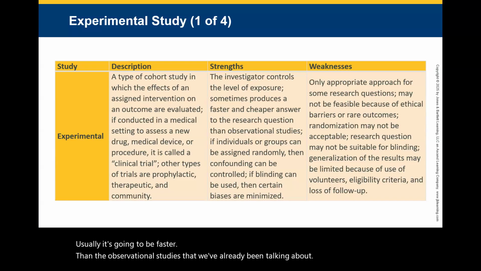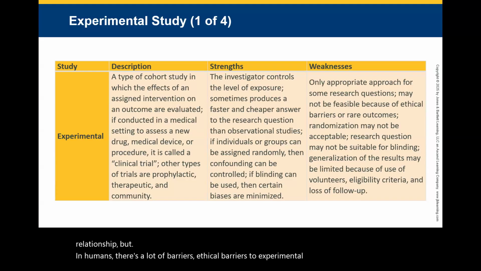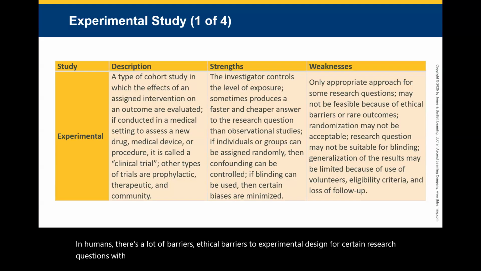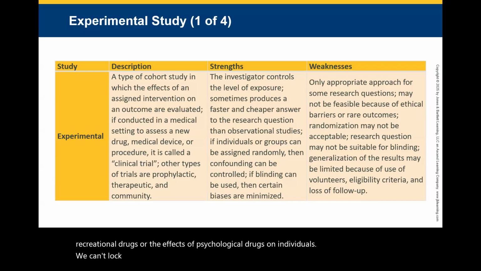Now, some of the weaknesses are that, yes, it helps us with the causal relationship, but in humans, there are a lot of ethical barriers to experimental design for certain research questions. If it's something that's harmful, such as the effects of recreational drugs or psychological drugs on individuals, we can't lock individuals up in a room and expose them to chemicals that we believe will cause lasting damage.